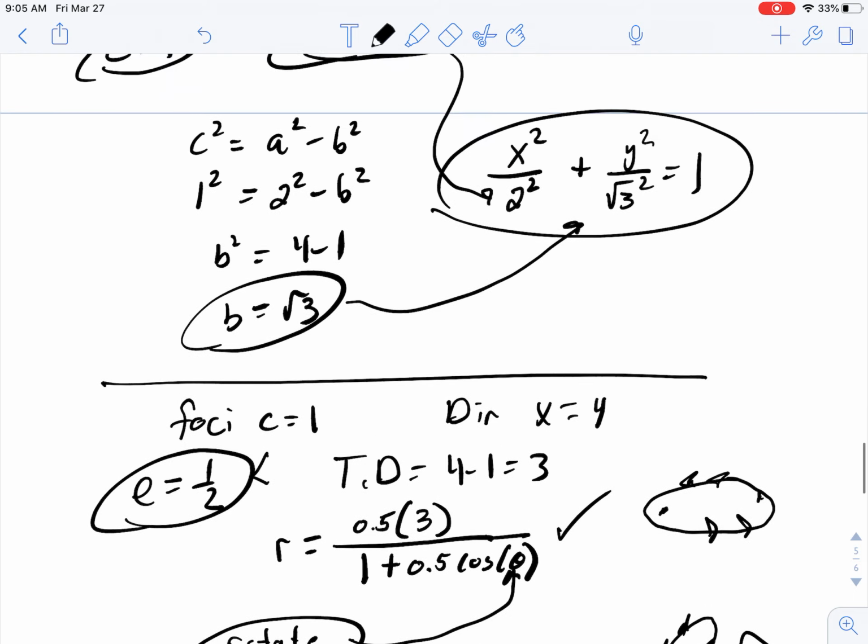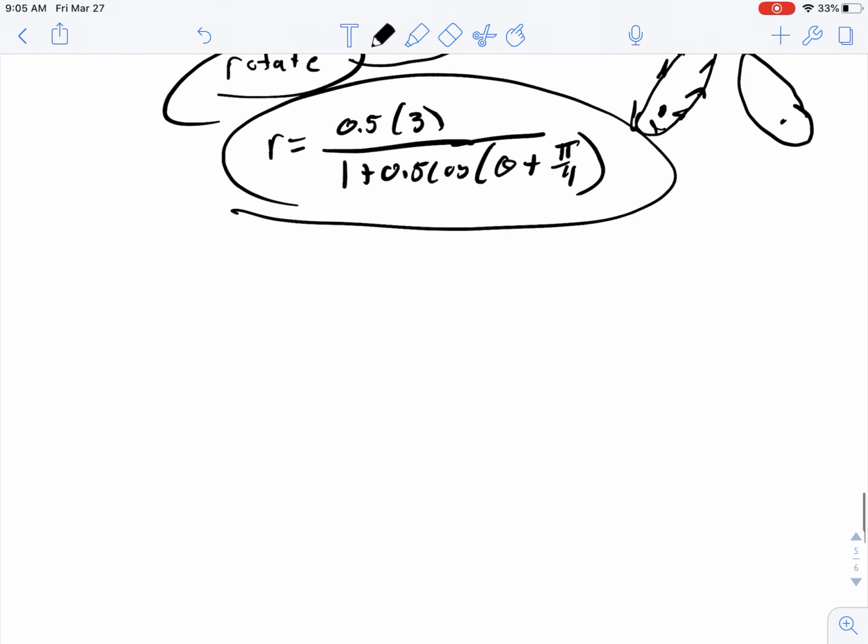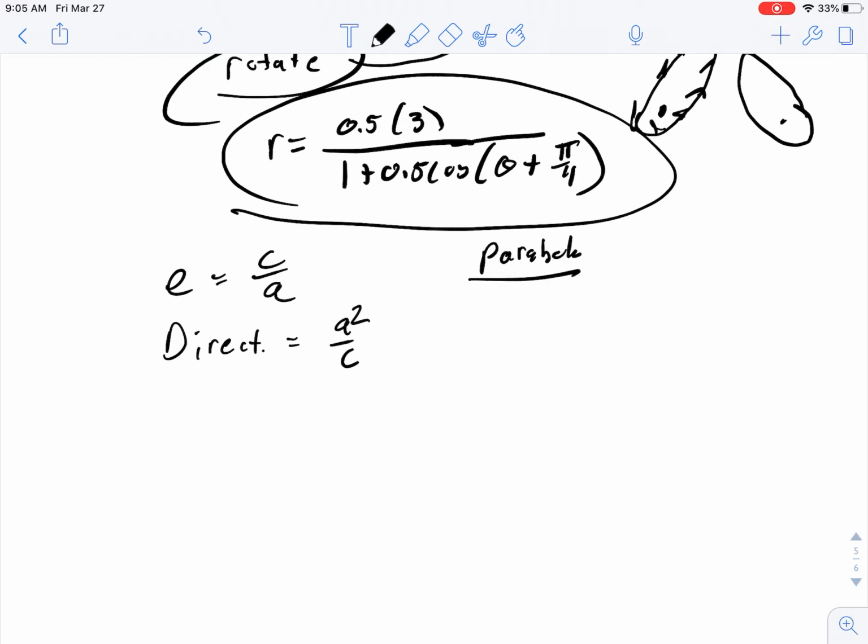You've got a couple of formulas there to remember. You've got to remember your eccentricity, C over A, and your directrix, which would be A squared over C. Remember your total distance on a parabola, which is the first unique one you've got to remember.